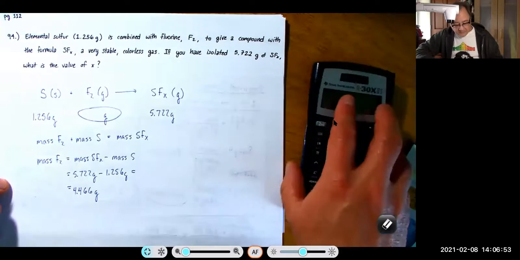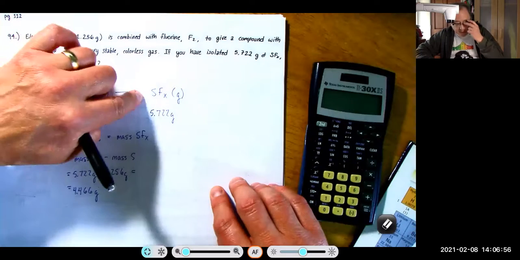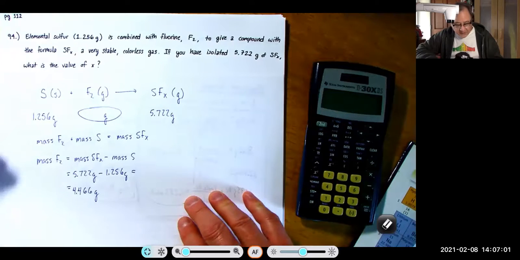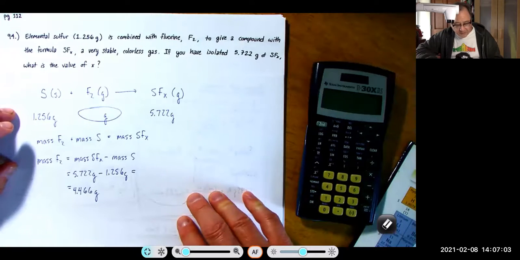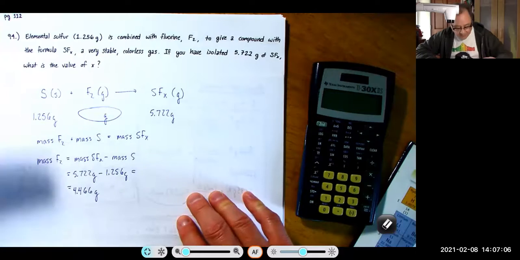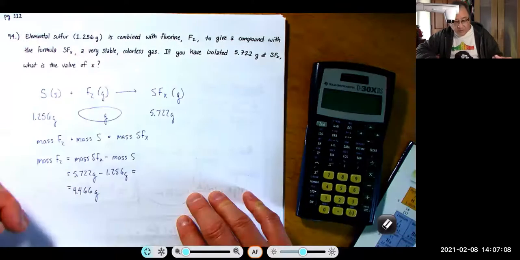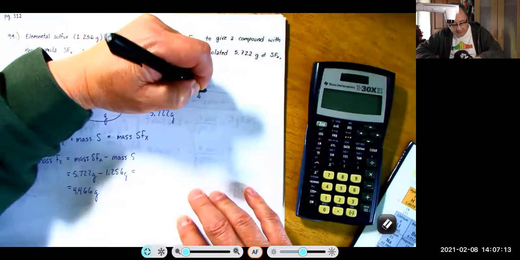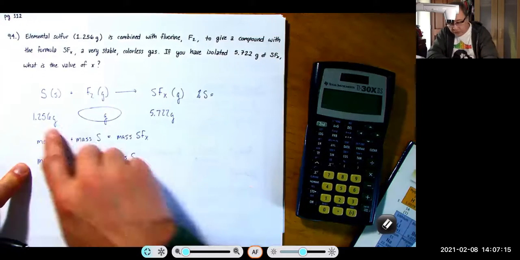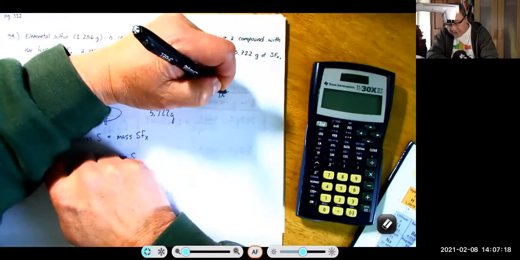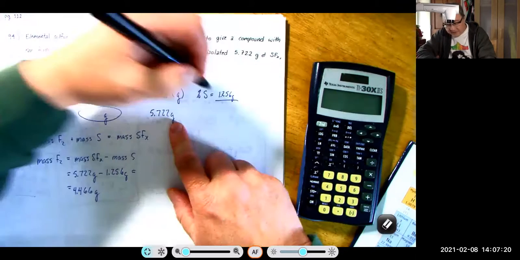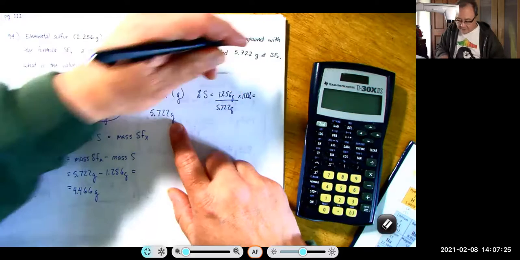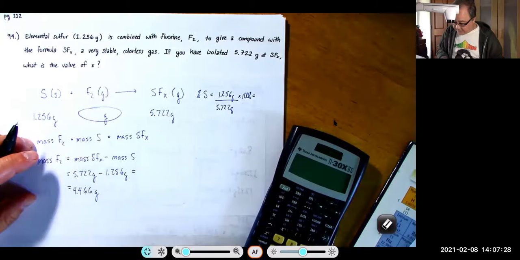Now we want to find out the formula of this compound. If you remember, we were able to figure out the formula of something using percentages, but we don't have the percentages here. But we could figure them out. What is the percent sulfur in this compound? Well, there's 1.256 grams of sulfur, and there's 5.722 grams total.